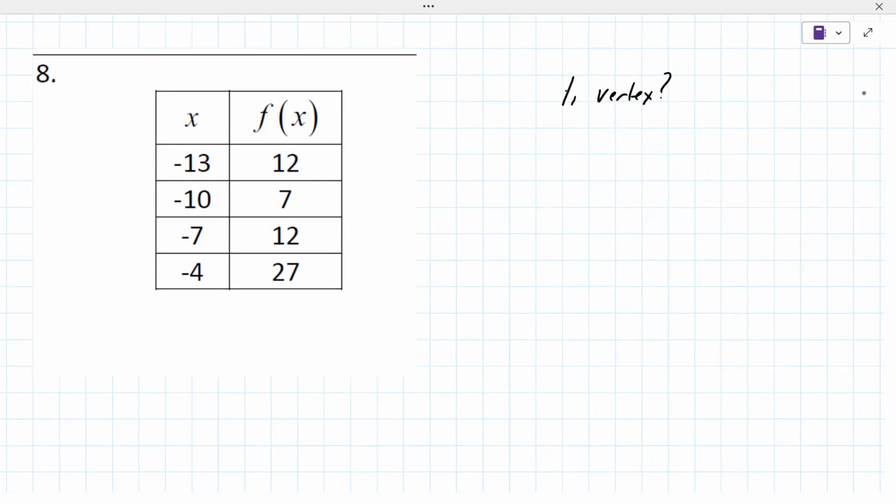You be like, all right, these are ordered pairs. This is X and this is Y. So like, let's just say -13 is 12. Well, -10, 7 is there-ish. And then -7, 12 is there. And -4, 27 is maybe up there. The point is you need to be able to make a quick sketch of this and realize that that is the vertex.